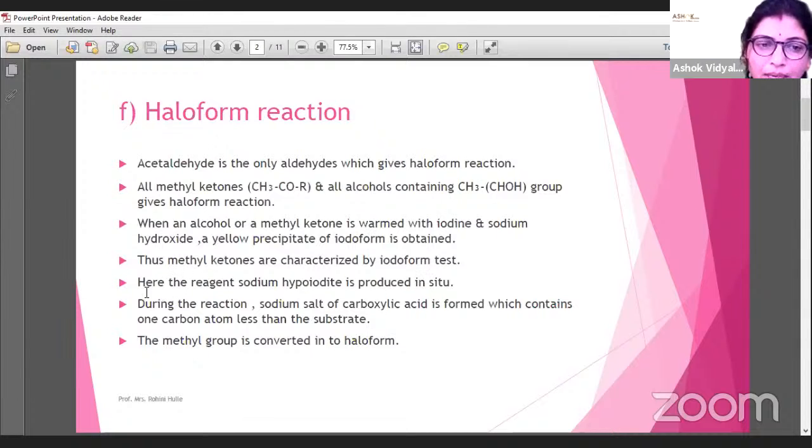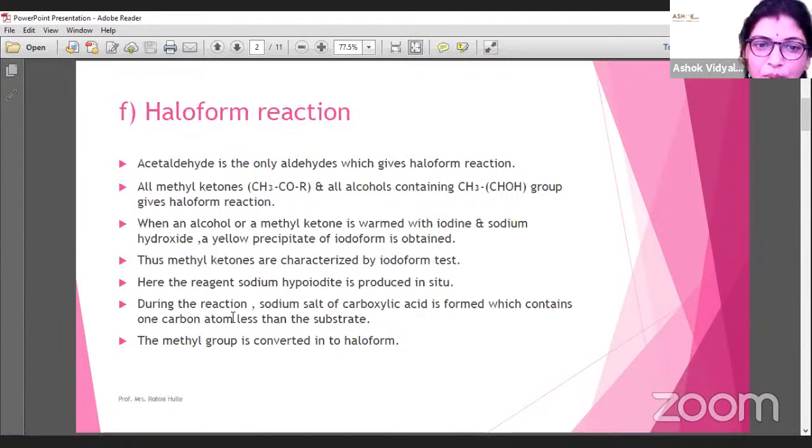Okay. Now next point, here the reagent sodium hypoiodide is produced in situ. Situ means in the reaction mixture.